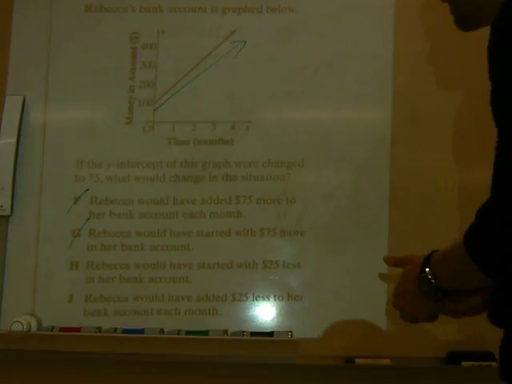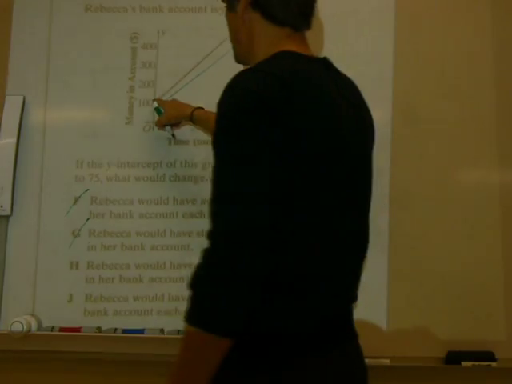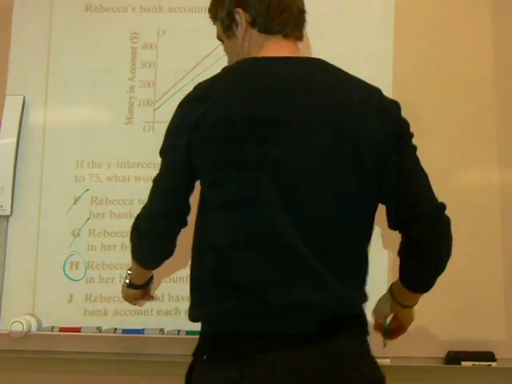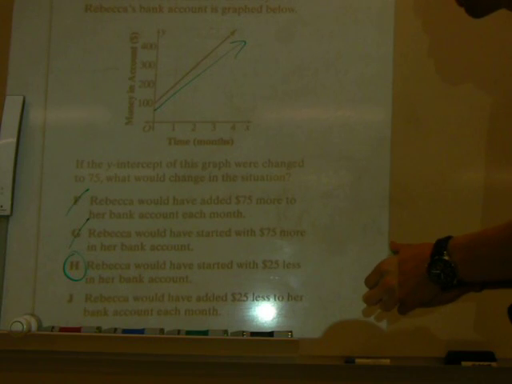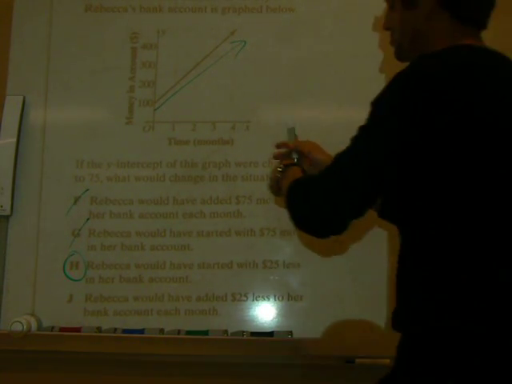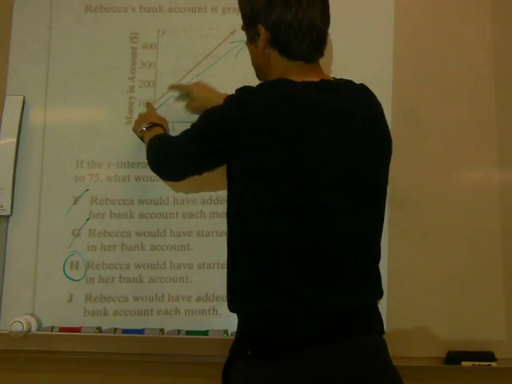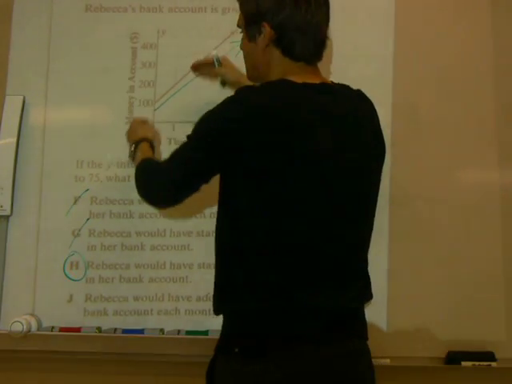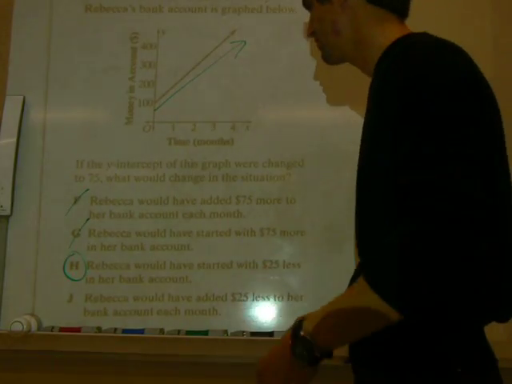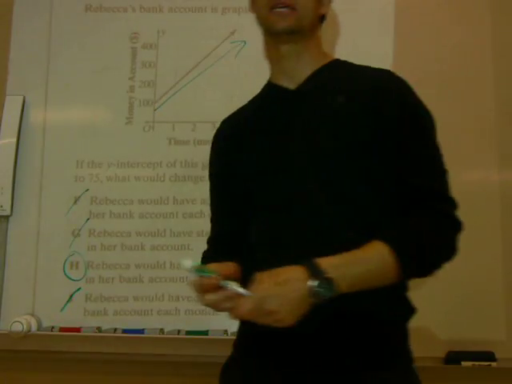Rebecca would have started with $25 less in her bank account. Yes, because here she started with 100, now she starts with 75. That's 25 less. Let's make sure this doesn't work. Rebecca would have added $25 less to her bank account each month. No, she adds the same amount. The slope is the same. It's just the amount that she started with initially is $25 less, okay? Therefore, our correct answer choice is H.